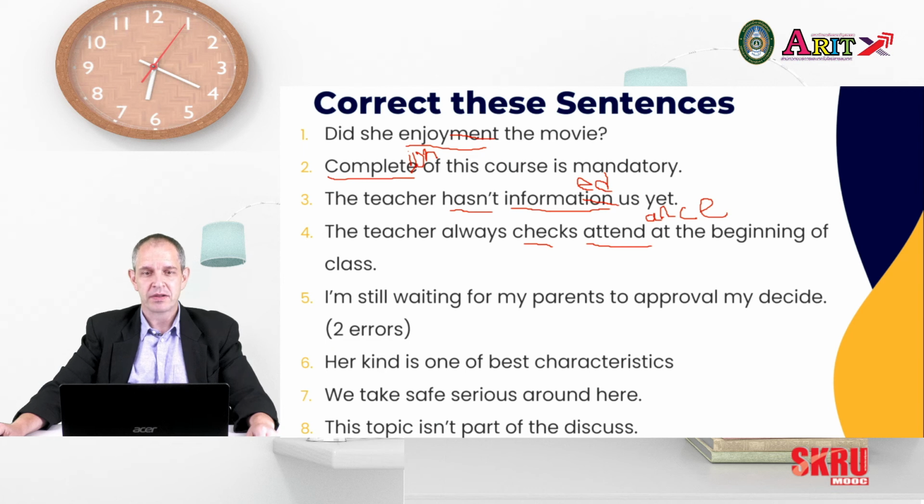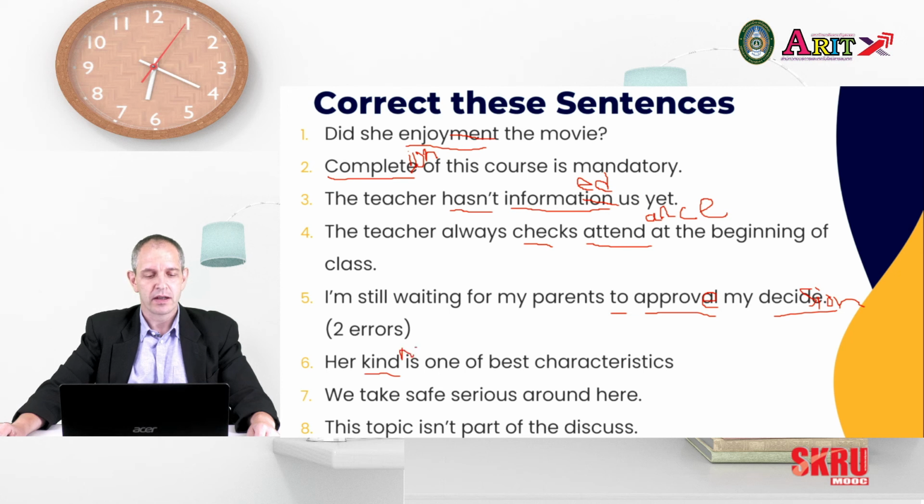Number 5: I'm still waiting for my parents to approval my decision. There are 2 errors in this one: approval and decide. Here we need to, and we usually follow with a verb, to approve my decision. I'm waiting for my parents to approve my decision. Number 6: her kind, an adjective, but here it's the beginning of the sentence, so it should be a noun.